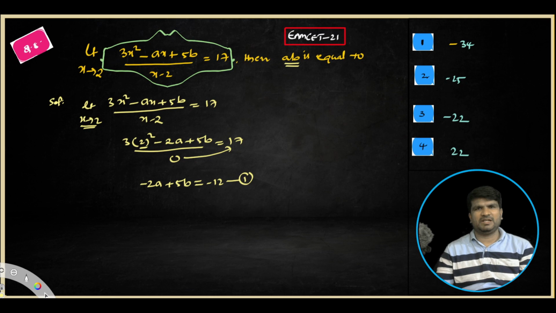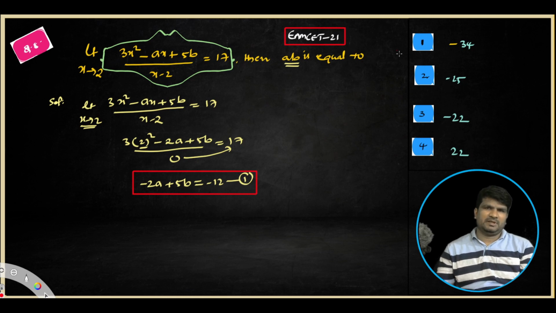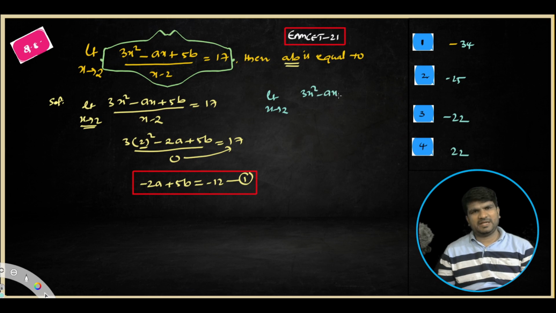We are getting one relation between a and b when we are applying the limit. Now, instead of applying the direct limit, I am using L'Hospital rule. Limit x tends to 2, (3x² − ax + 5b) whole divided by (x − 2).